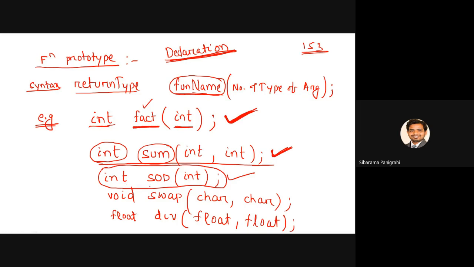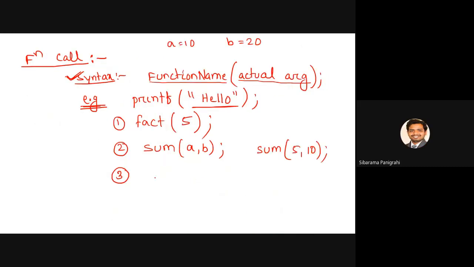Yes, sir. What is the function name? SOD. Very good. What is the return type? Int. Very good. How many arguments does it take? 1. What is that argument? Int. Very good. So now you tell me the function call of that function. So what will I write? SOD. Very good.